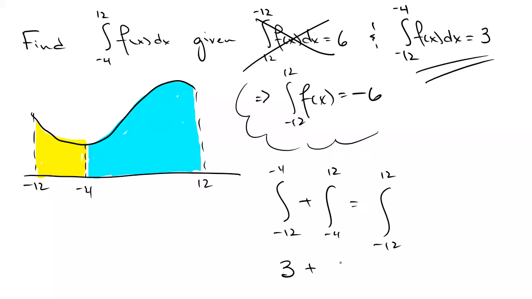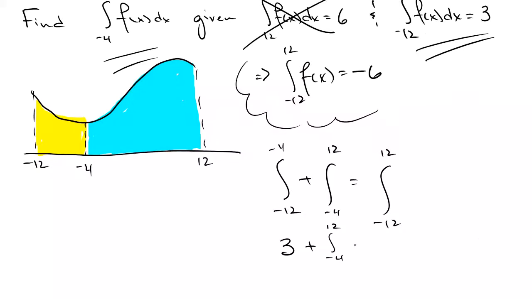We don't know what the integral from negative 4 to 12 is. That's our unknown. So let's go ahead and leave it as an unknown. And we know that the integral from negative 12 to 12, which was gotten by this right here, is going to equal negative 6.